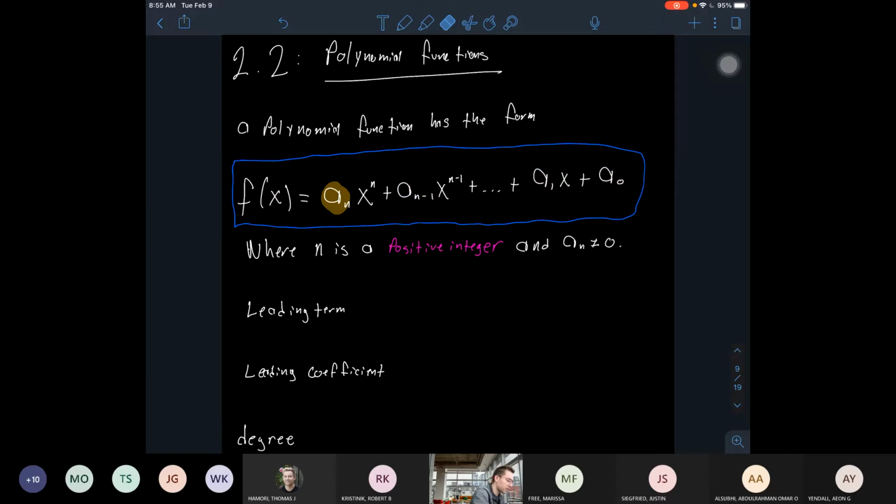So a polynomial is just something like, for example, 3x cubed plus 2x squared minus x minus 3. Okay?